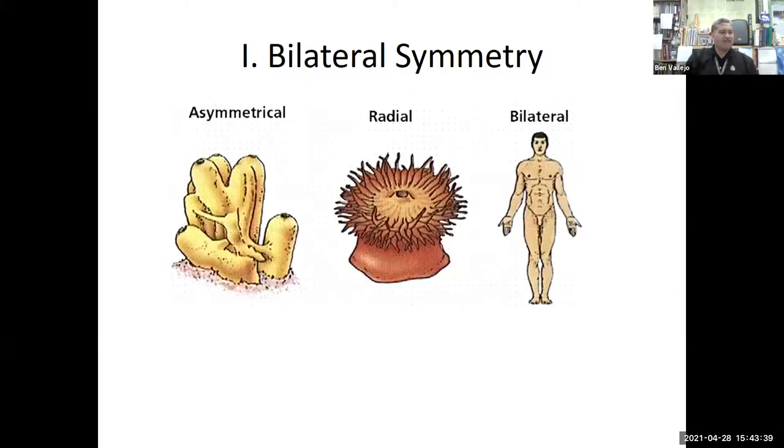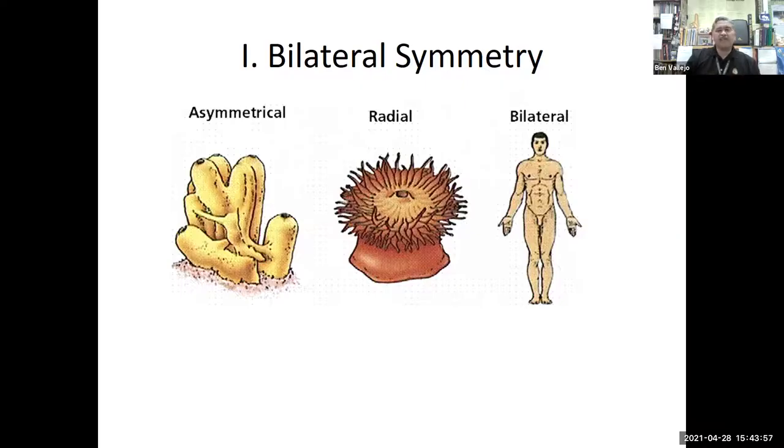All right, first a review of bilateral symmetry. This is the beginning of bilateral symmetry as we go and study biology from an organismal viewpoint. That is by taking a look at the most simple organisms and going up from there. We've already covered the sponges.